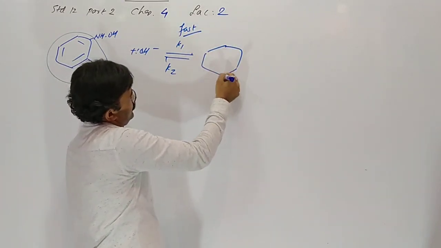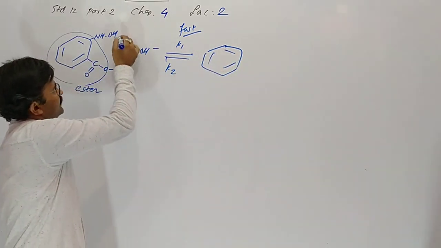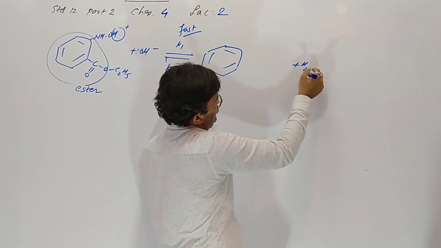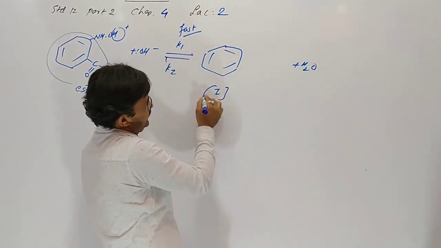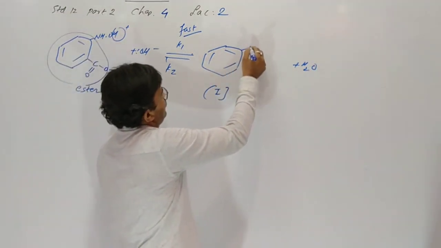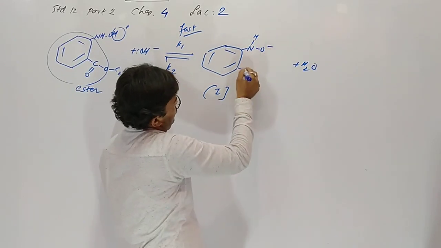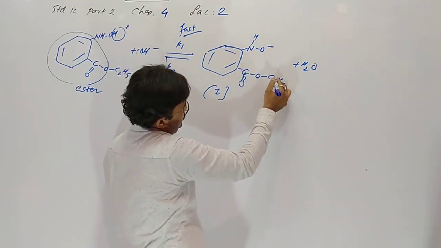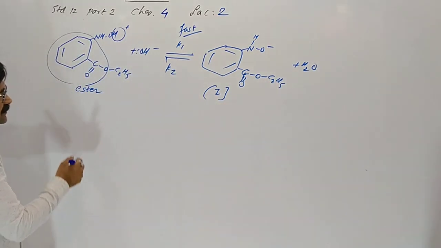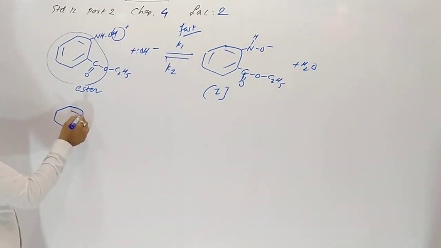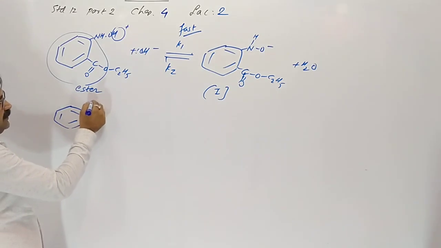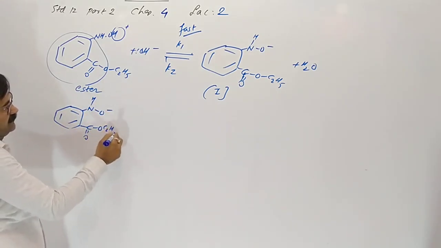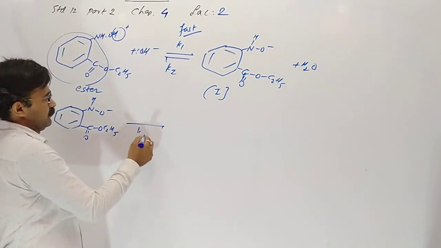Here OH minus combines with H plus of OH, and removal of H2O gives the intermediate product NHO minus COO C2H5. Now this intermediate, after releasing the ethoxide ion, gives a product.